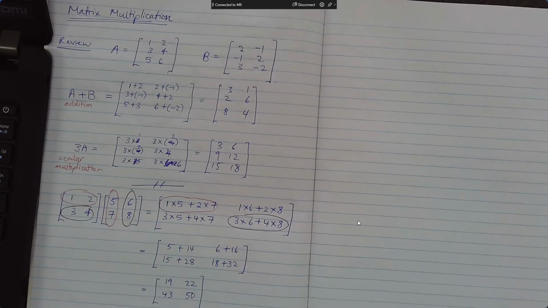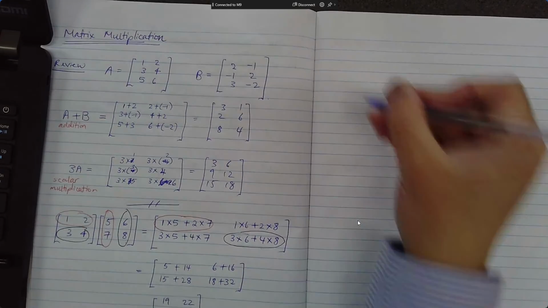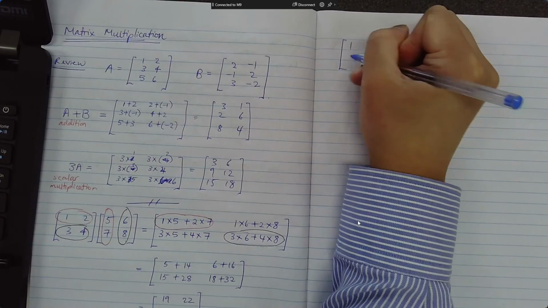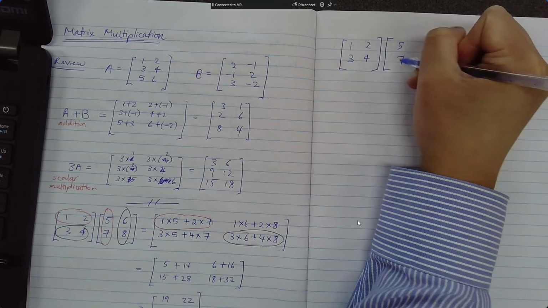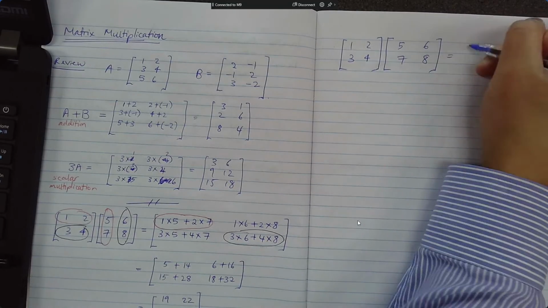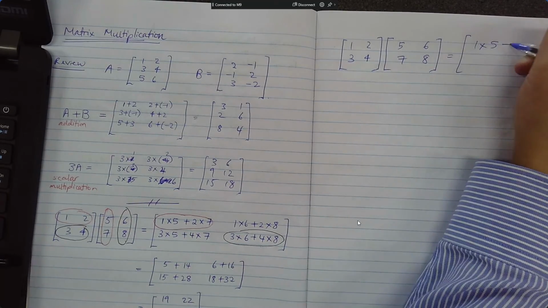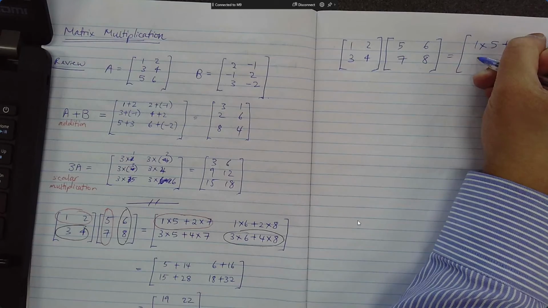So I'll need to write it out again, because at this point it will become too messy. So Kaylin's asked a good question. What about the numbers that I didn't circle?